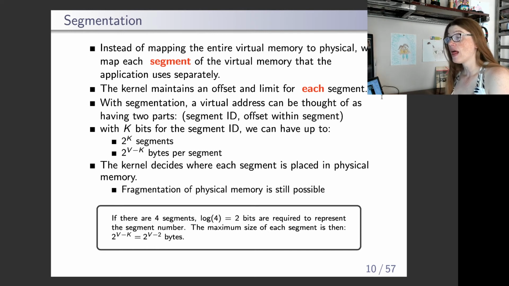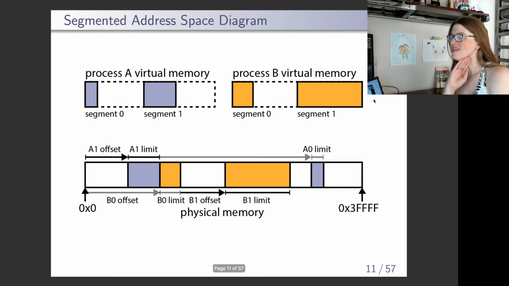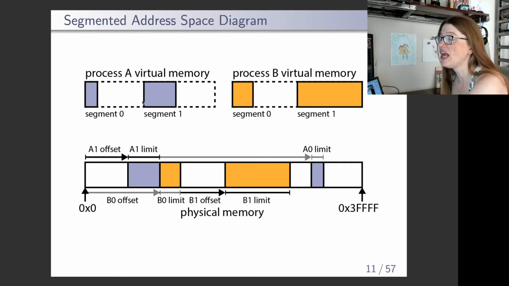All right. What we're going to do then is we're going to talk about 2 different implementations of the MMU. The first implementation is where each of the segments is going to have its own relocation and limit register on the MMU. So looking at this example here, which shows you how we're going to map each of the segments into physical memory. Process A has 2 segments, process B has 2 segments. So we're just going to find a contiguous block of memory that fits segment 0 for A and the same for segment 1.